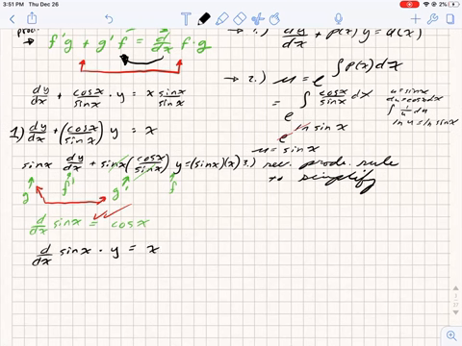And on the other side, you just simply have x sine x. That's the reverse product rule.